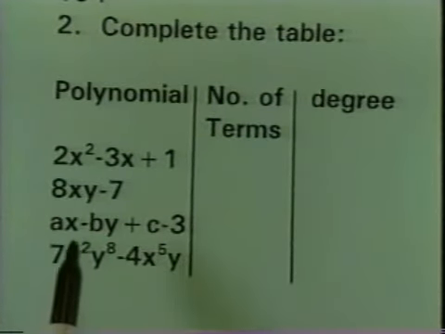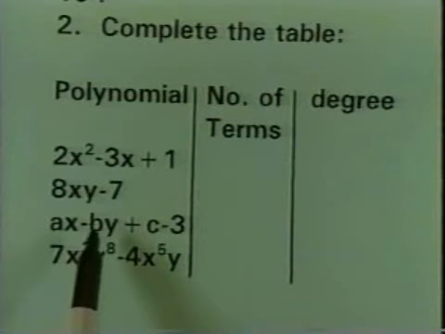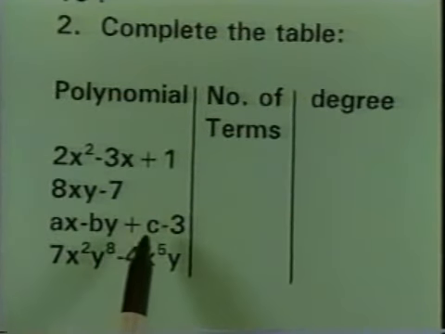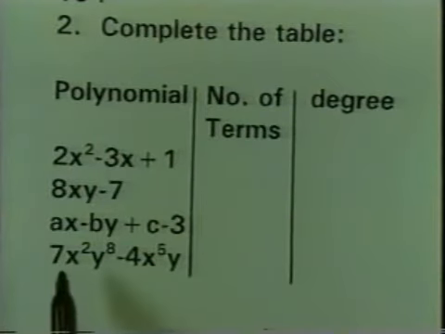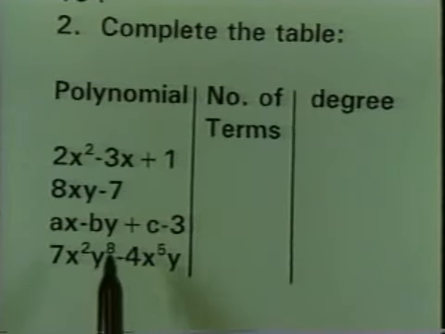The third polynomial, ax, subtract by, plus c, subtract 3. And the last one, 7x squared y to the 8th, subtract 4x to the 5th y. We'll give you about 30 seconds to write the answers, and then I will give you the answers so you can check yourself.